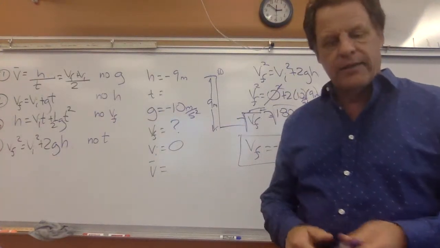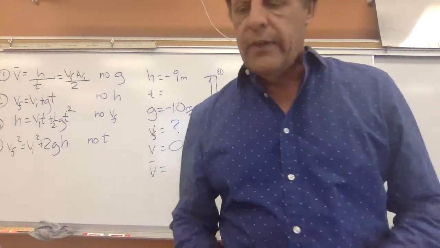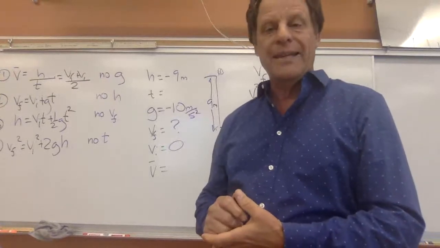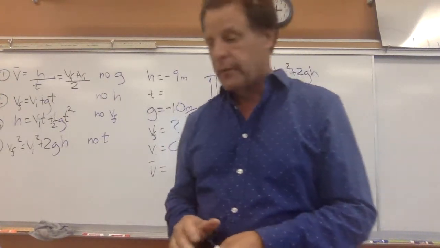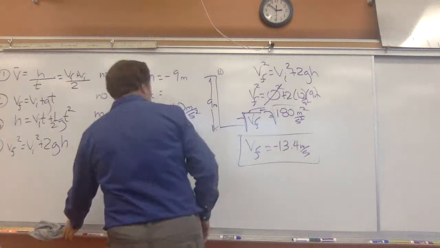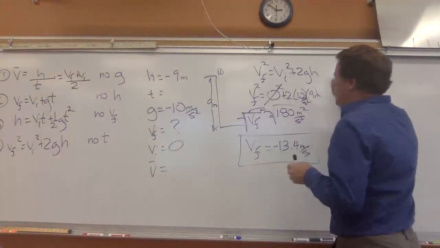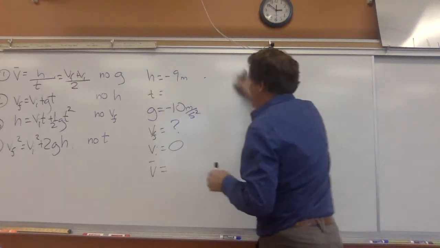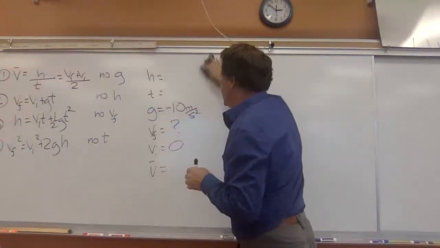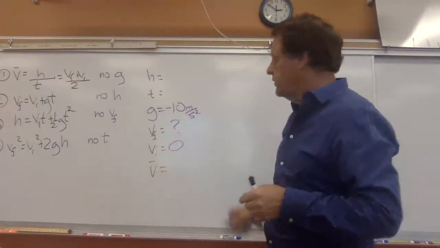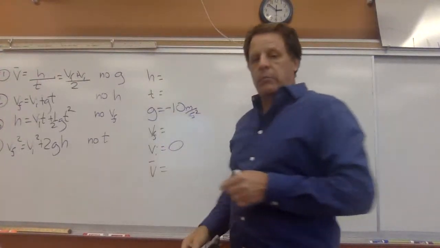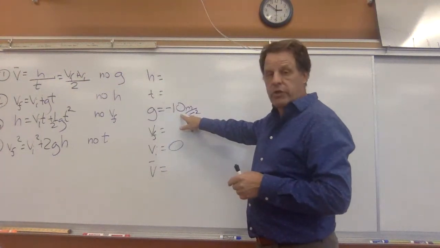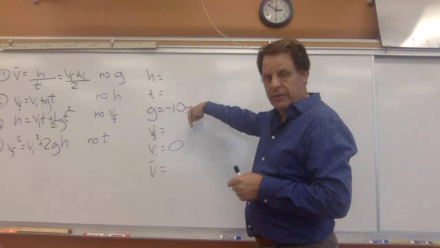So let's take a look at the second question. And that second question is, how long does it take for a rock dropped off a building to reach a speed of 10 meters per second? Okay, so I'm going to erase this first part here. This is a similar question, because since it's dropped, its acceleration is due to gravity, which is negative 10.